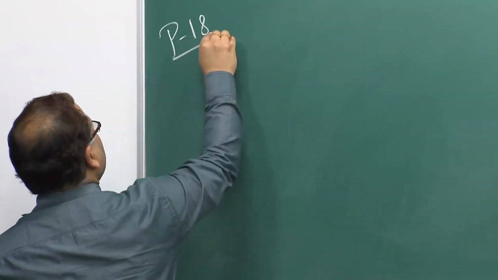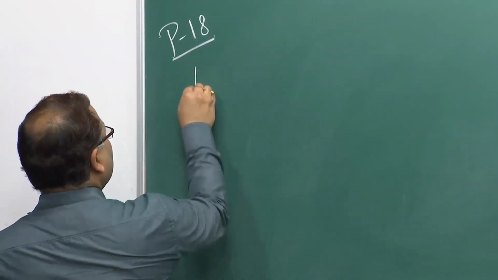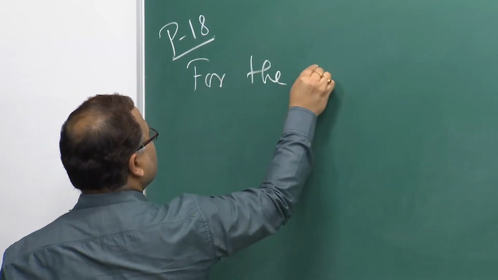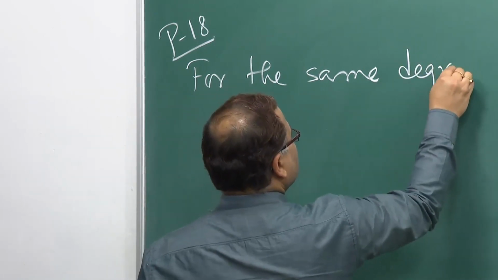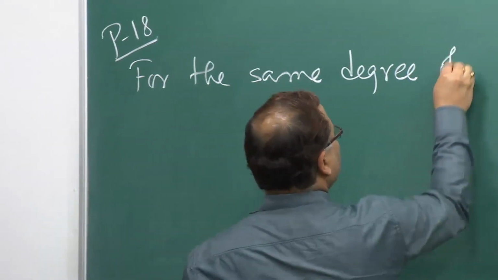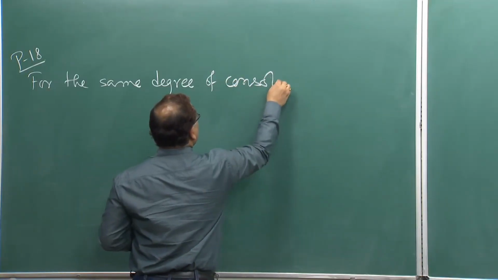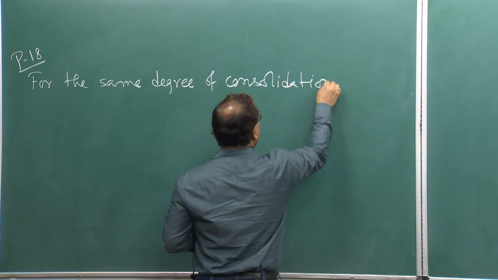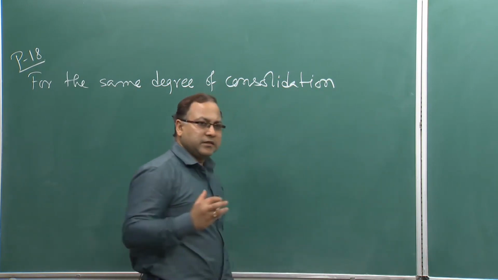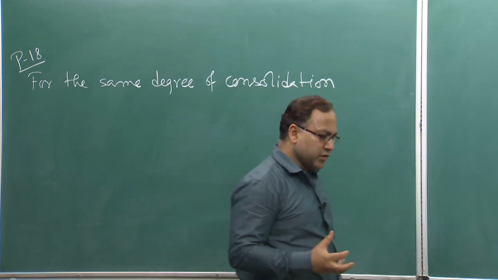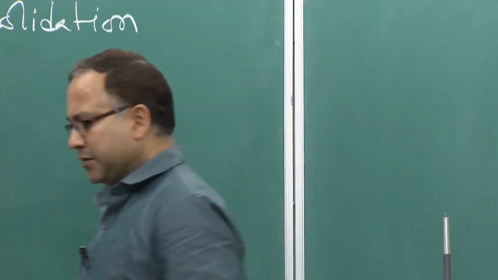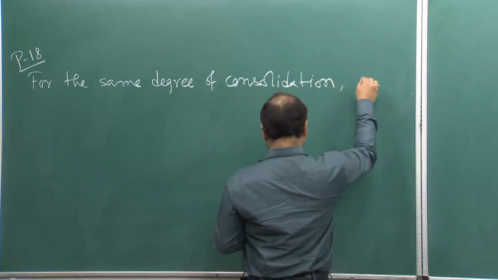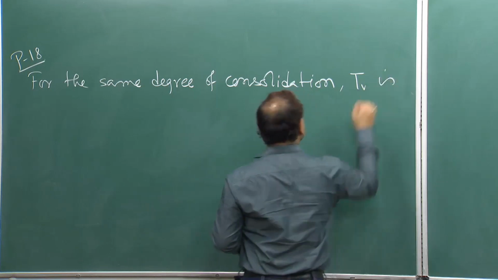So, let us solve this problem. For the same degree of consolidation, that means if your degree of consolidation, capital U, is the same, then we can conclude that your time factor, TV, is the same.